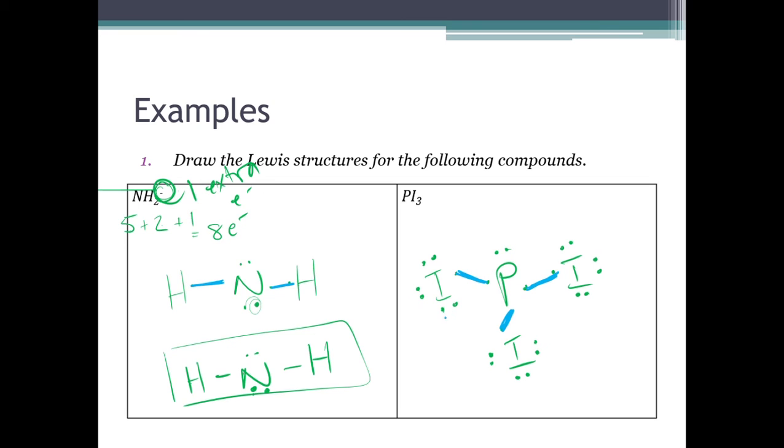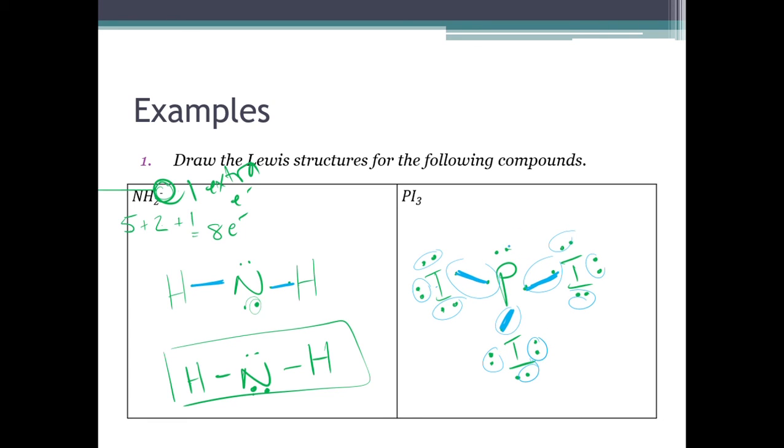So let's make sure that everything has the right number of electrons. Starting with this iodine on the left, we have 2, 4, 6, 8. Good there. This iodine on the right, 2, 4, 6, 8. This iodine at the bottom, 2, 4, 6, 8.